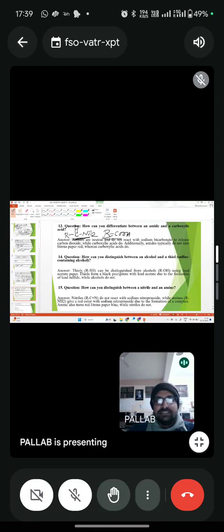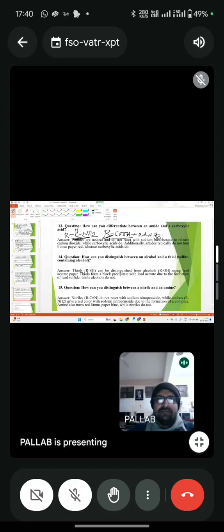This carboxylic acid will react with sodium bicarbonate and form effervescence, and this effervescence will indicate that the compound is a carboxylic acid. But this amide is a neutral species, so it will not show any kind of reaction with sodium bicarbonate.